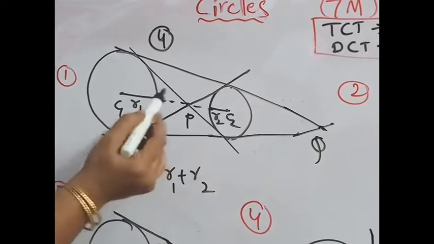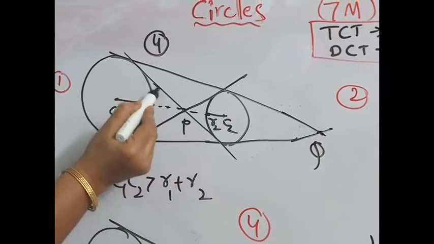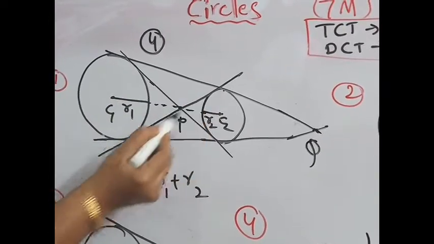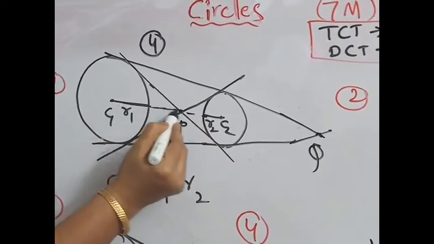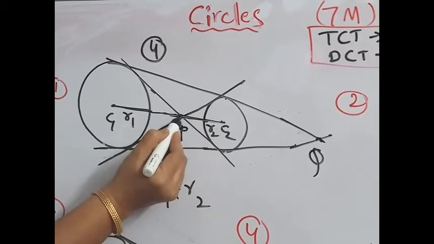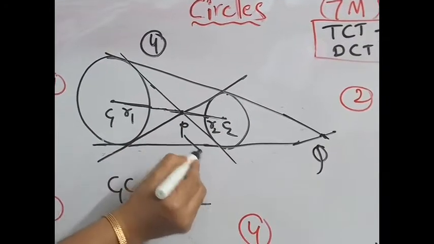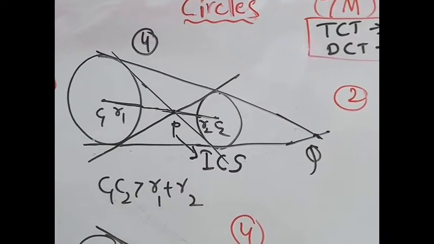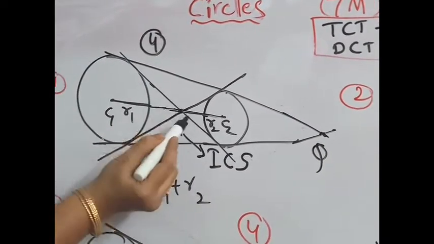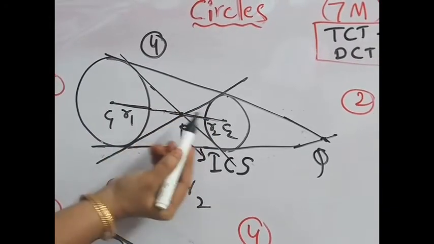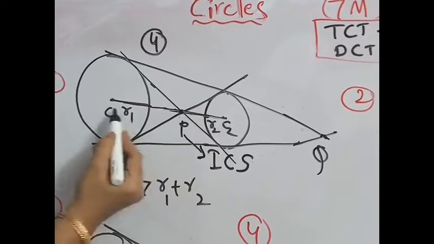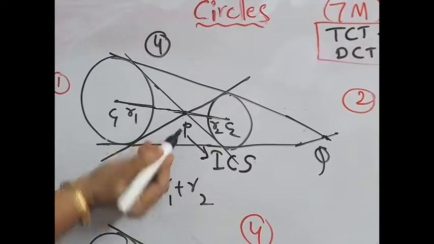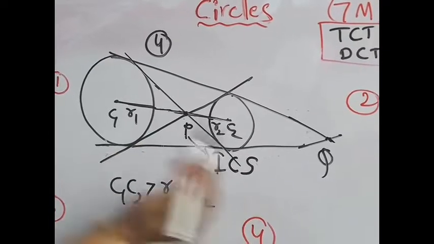Let us see. What is this? This is the point of intersection of two tangents which lies on the line segment C1C2, isn't it? This point is called the internal center of similitude. I am repeating, the point of intersection of two tangents which lies on the line segment C1C2 is called the internal center of similitude.